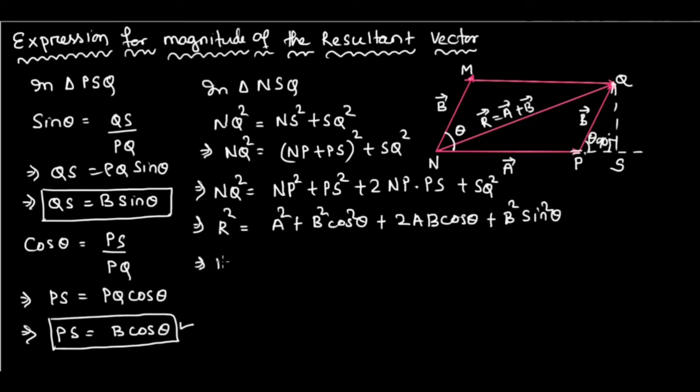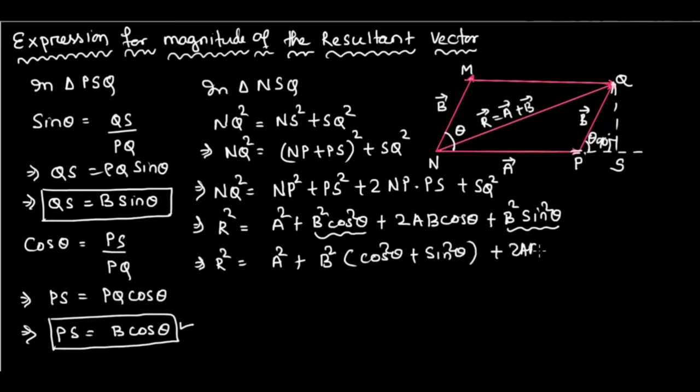That implies R square is equal to A square plus, keeping these terms near to each other, B square taking common, you have cos square theta plus sin square theta, then plus 2AB cos theta.